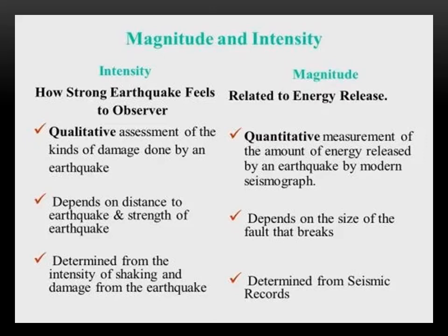Magnitude is a quantitative measurement of the amount of energy released by an earthquake, made by a modern seismograph. It depends on the size of the fault that breaks, and it is determined from the seismic records.